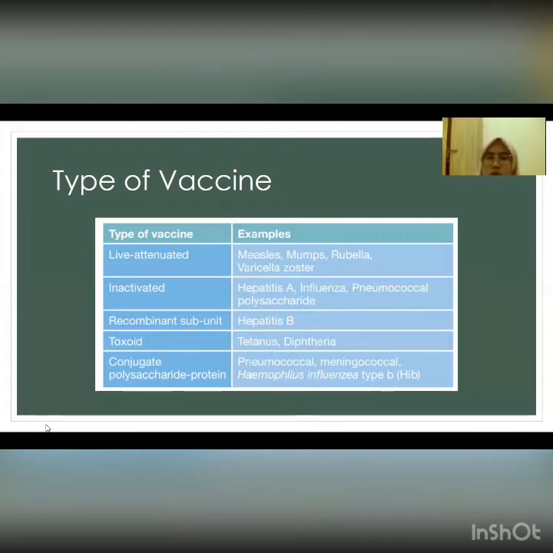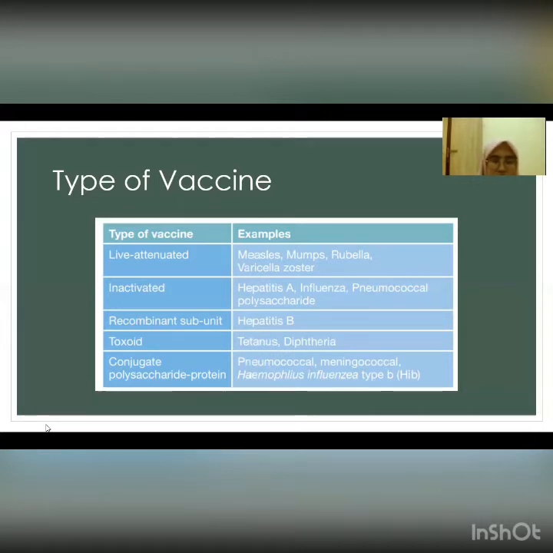Number three is recombinant subunit. This is from components of disease-causing organisms, such as specific proteins, polysaccharides, or nucleic acids. An example is hepatitis B. Number four is the toxoid vaccine. It's from the inactivated toxin of toxin-producing bacteria.